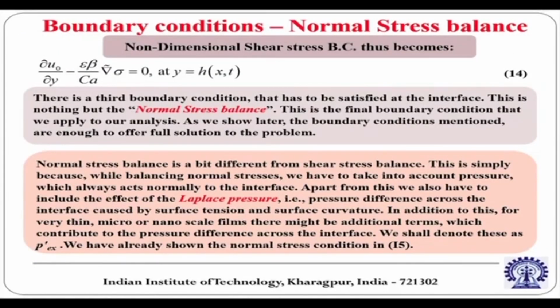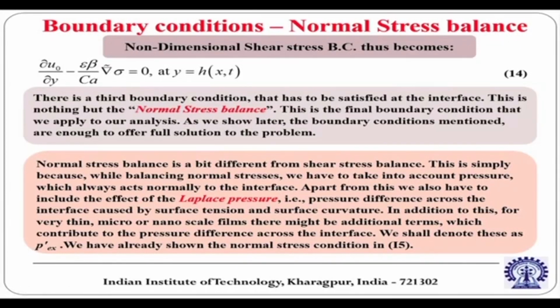This is a scenario when the surface tension gradient is dominating. So if the surface tension gradient is dominating, then the velocity scale will be decided by this balance. Now in this balance what is the order of del u0 del y?